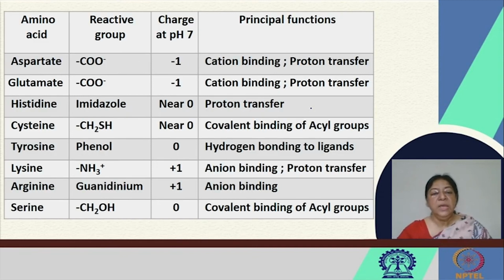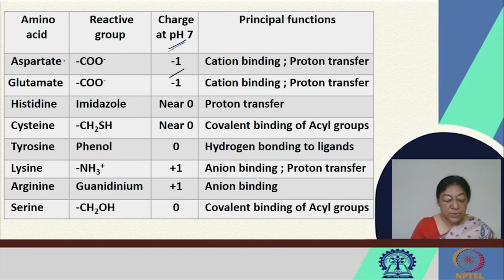So, if we look at the net charge at pH 7, we can have a -1 charge associated with the aspartate and the glutamate. We have the imidazole near 0, the cysteine near 0, and these are the principal functions that these particular residues can participate in when they form part of the active site. And we will be seeing that in our subsequent discussions on enzyme mechanisms in general.